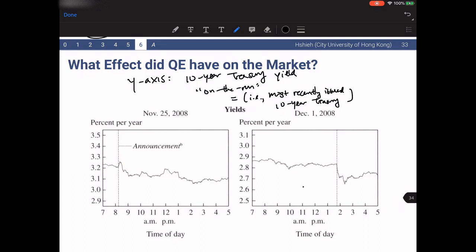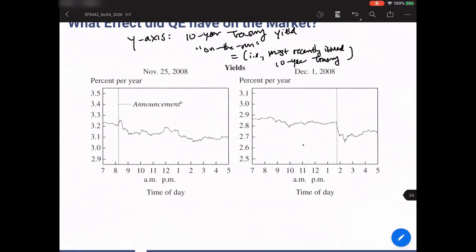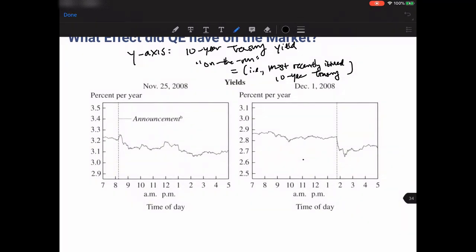In this slide 34, we have two plots with two different announcement times. One is an announcement of QE in November 25, where the Fed announced that they would buy back $600 billion worth of MBS.